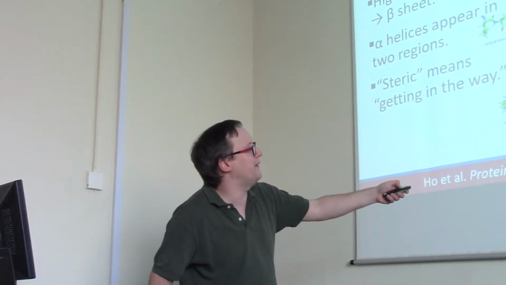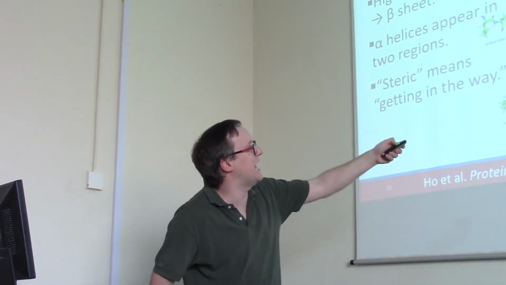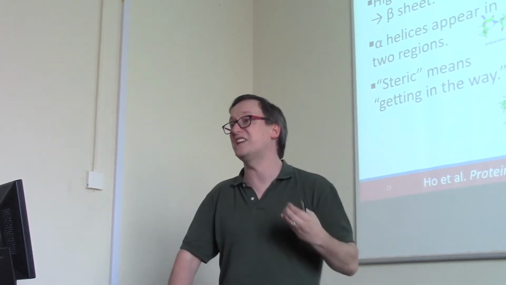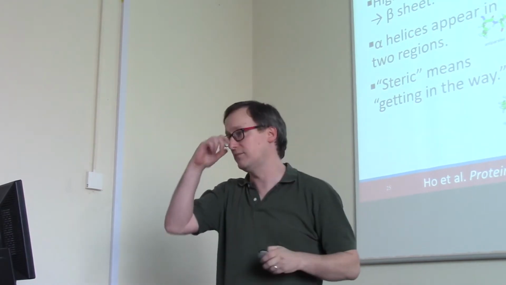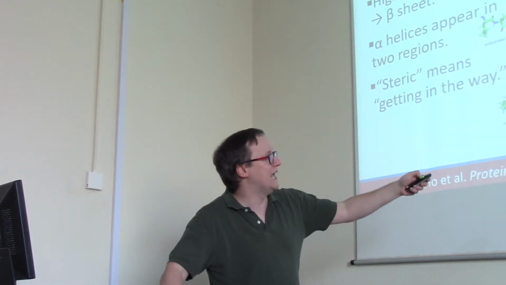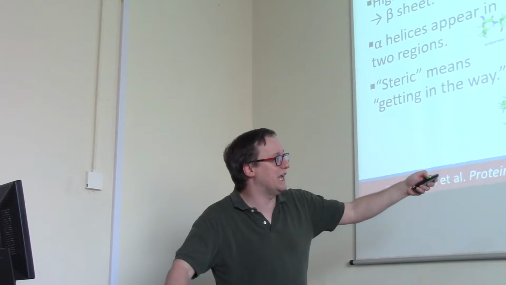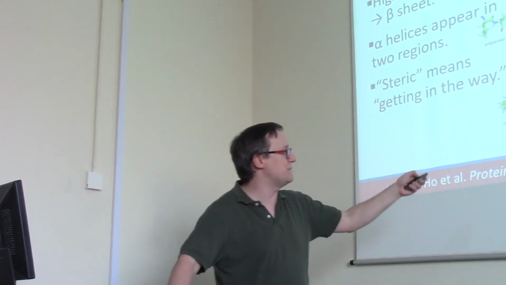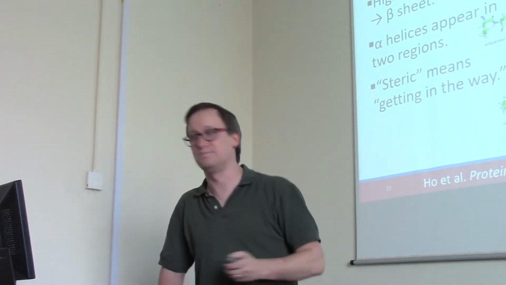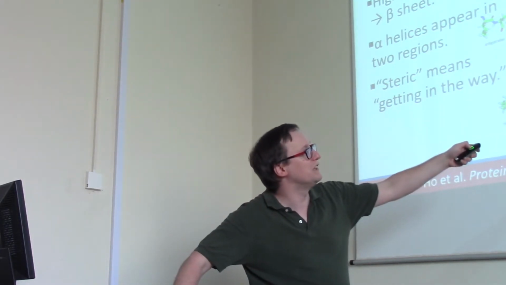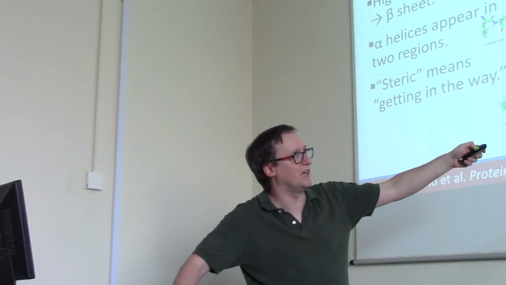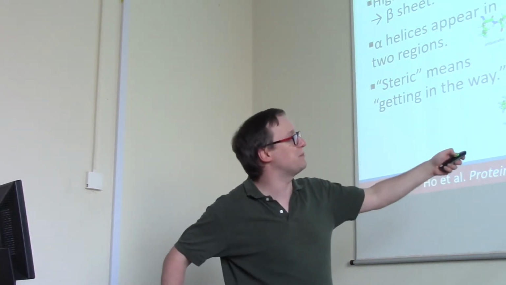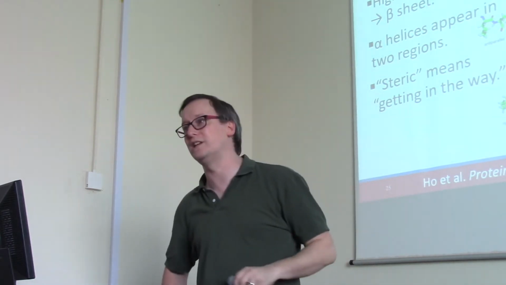If you've got a low phi angle and a high psi angle, you're probably sitting inside a beta sheet, a pleated sheet. You may, however, have a relatively low psi angle and a relatively low phi angle, and if that's the case, it might be a right-handed alpha helix. It could be that you have a slightly positive phi angle and a slightly positive psi angle. If you do that, then you're probably sitting in a left-handed alpha helix.